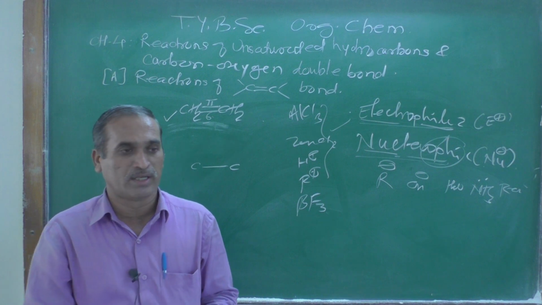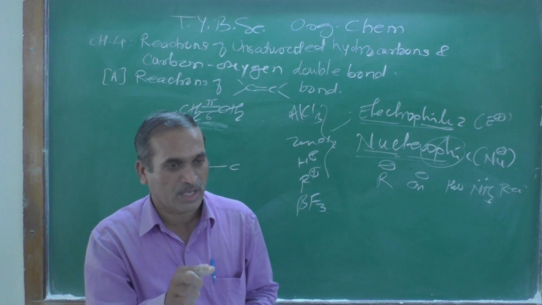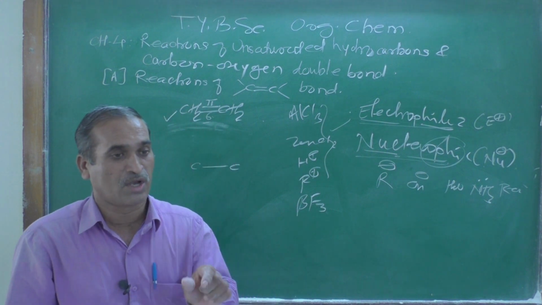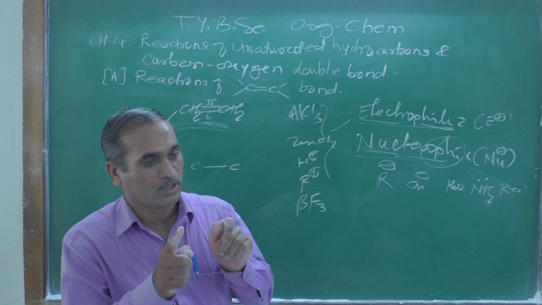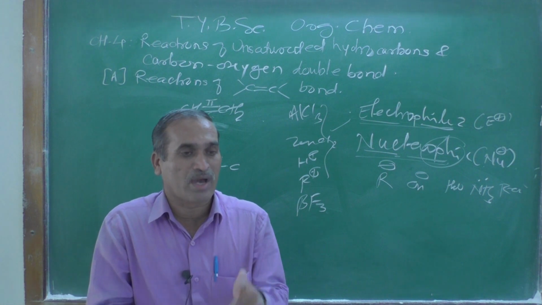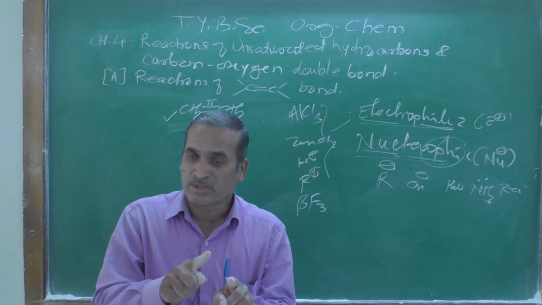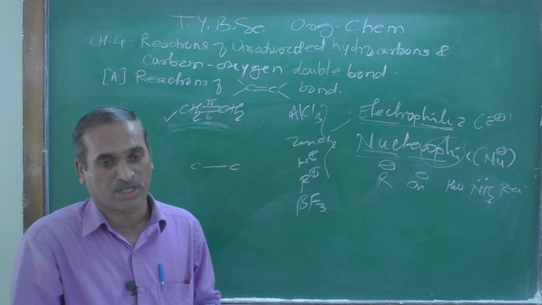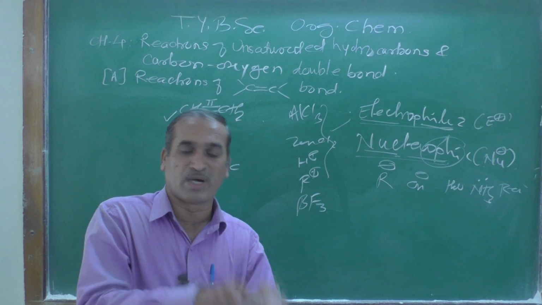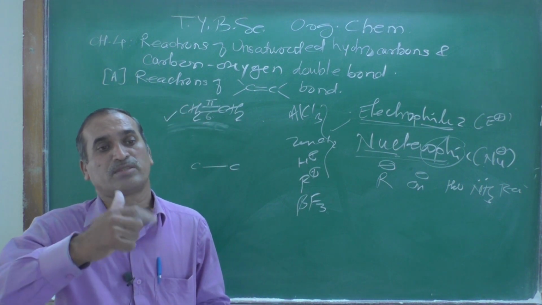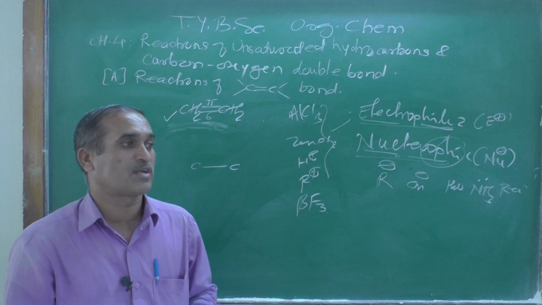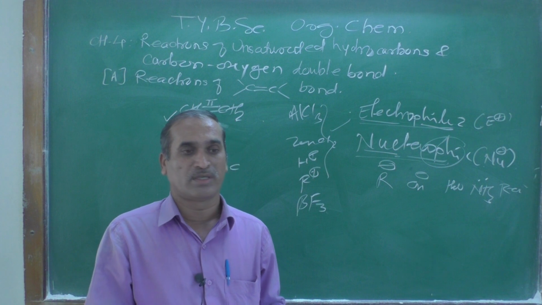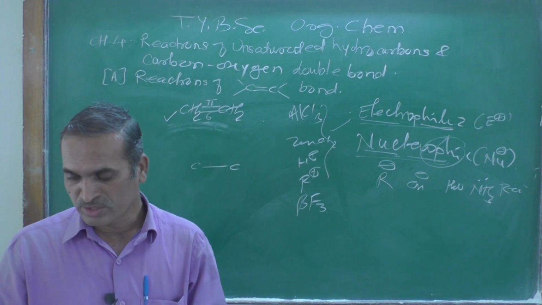And theoretically, what is our expectation? The weaker bond requires less energy, and energetically these reactions are highly favorable because there is a breaking of one sigma bond and forming two strong sigma bonds, breaking one weak pi bond and forming two sigma bonds.